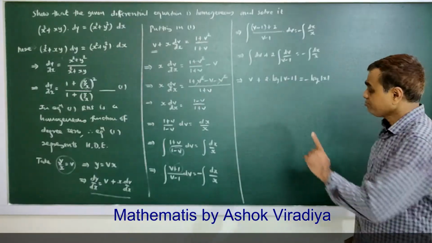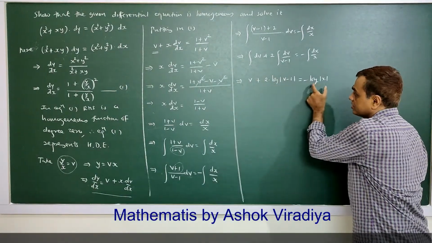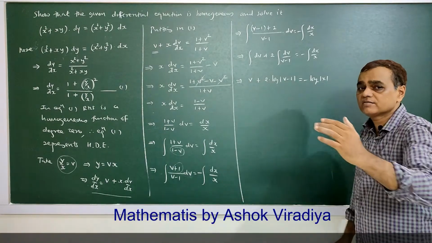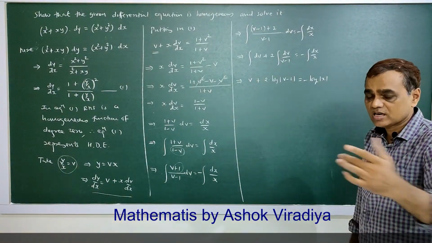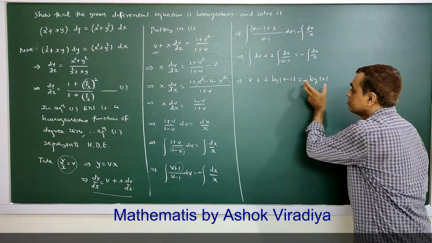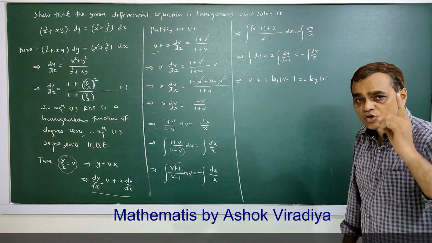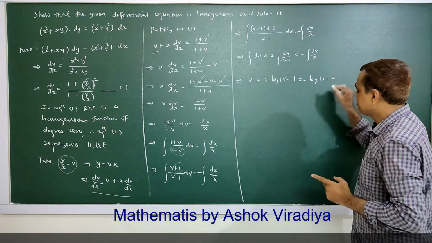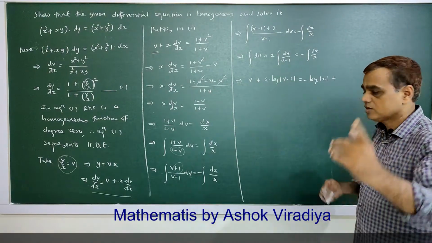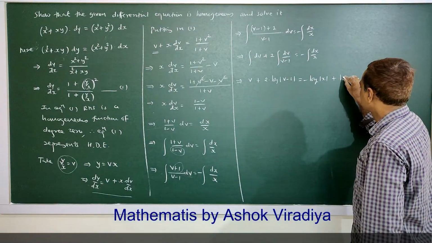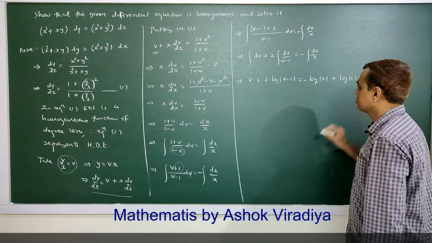Now see, out of 3 terms, 2 terms are connected with log. So the constant also you keep in terms of log. So the arbitrary constant we keep as log mod c.